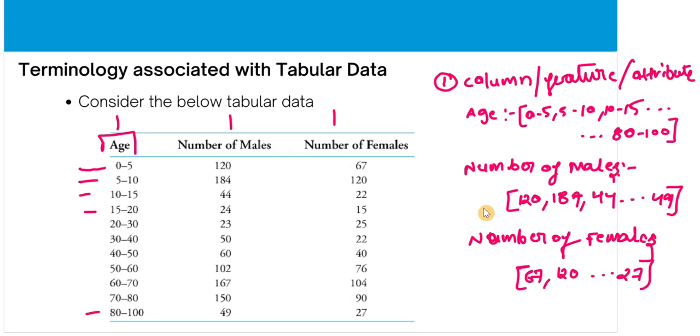This whole two-dimensional matrix is called a data frame. We can also call it a data frame or two-dimensional data or tabular data. Coming to the columns, these are the synonyms for columns: you can call it a column or feature or attribute.